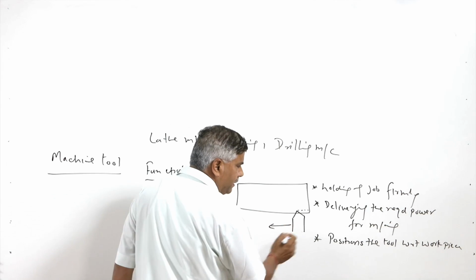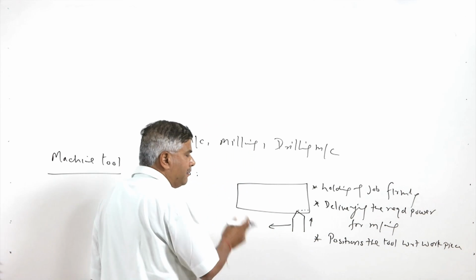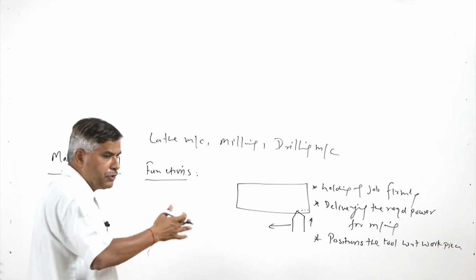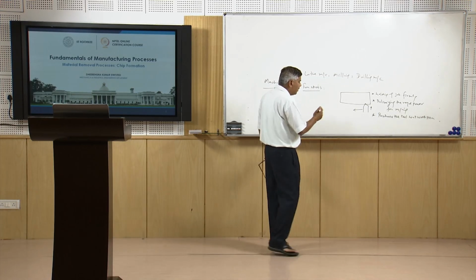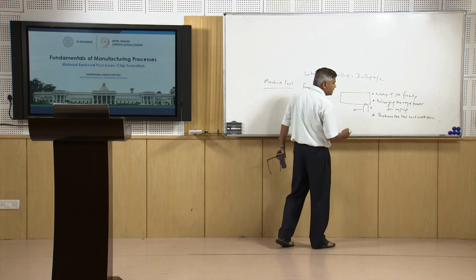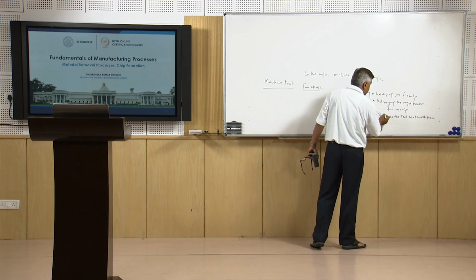If the position of the tool is not stable, then the geometry of the surface of the workpiece will not be as desired, and similarly the roughness and the dimensional accuracy will be very much compromised.